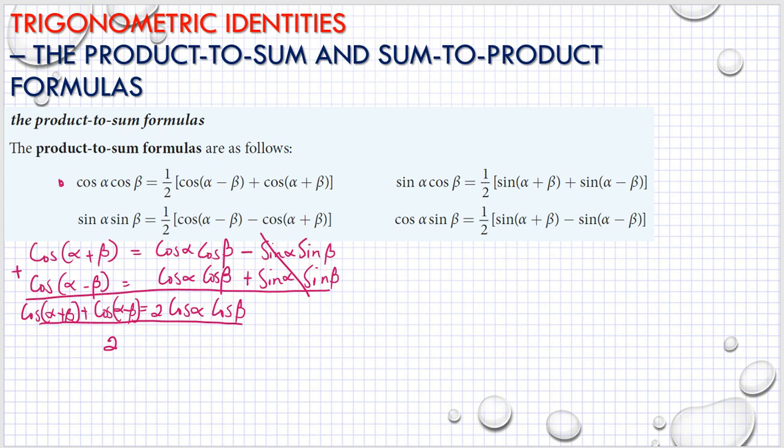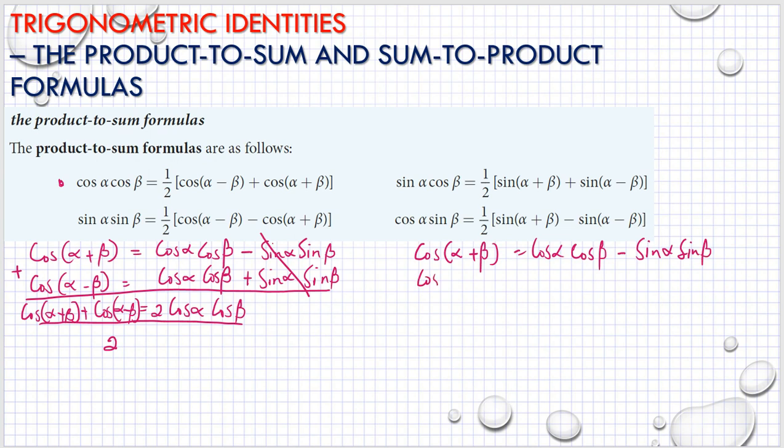For the second, the same, we have cosine alpha plus beta is equal to cosine alpha, cosine beta minus sine alpha, sine beta.